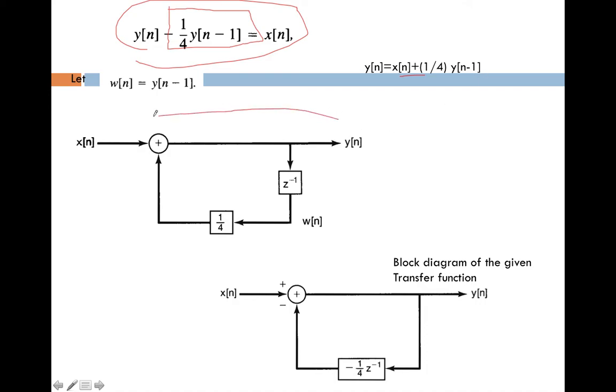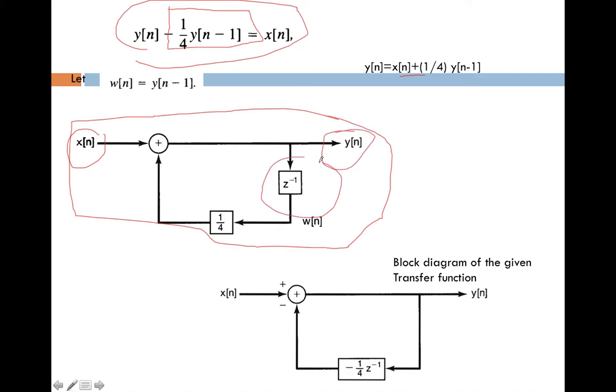So you can easily draw the block diagram of this particular system equation. That is, I am having x of n and y of n. I need a delay element and a multiplication factor of 1 by 4, and I have to add the outputs of these two things, that is x of n and the output from the feedback.